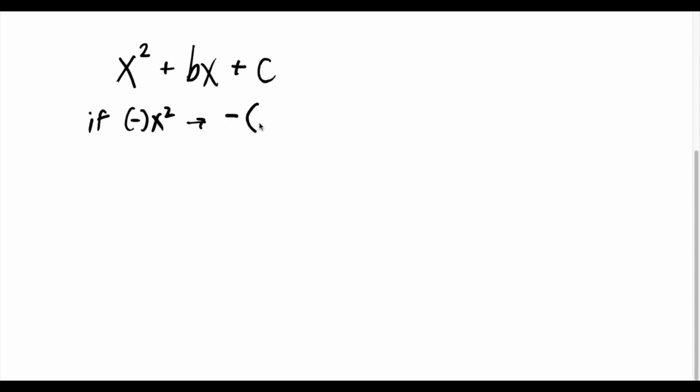Gawin mong negative times x squared minus bx minus c. Okay? Or kung ano man yung meron. Basta factor out, negative 1. Okay? And kapag nagawa mo na yon, check this one. If you have positive c, what you're gonna do is add factors.